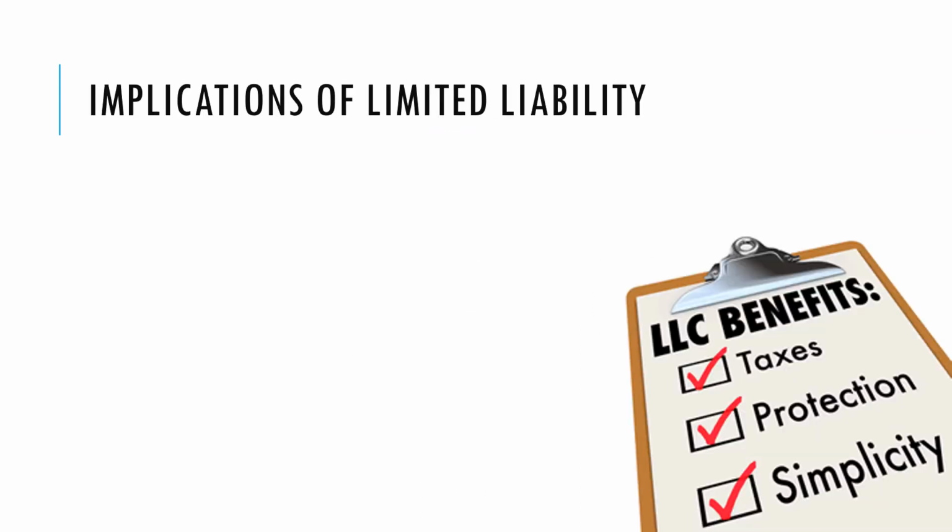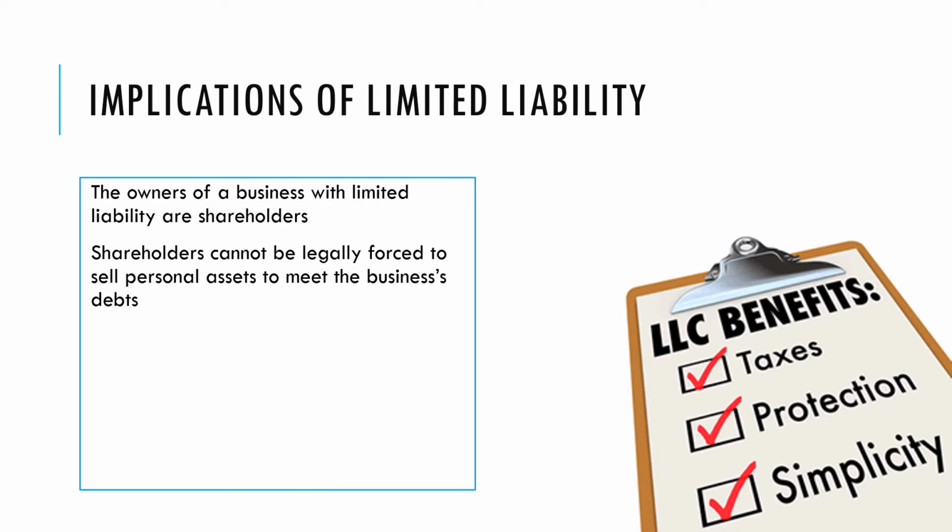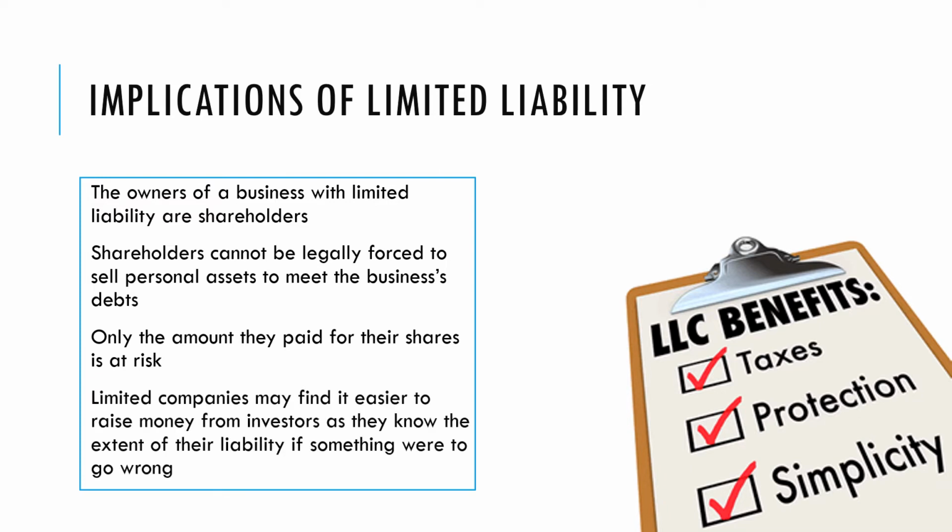What are the implications of limited liability? Well, the owners of a business with limited liability are the shareholders, and shareholders cannot be legally forced to sell personal assets to meet the business's debts. Only the amount they paid for their shares is at risk, and as a result limited companies may find it easier to raise money from investors, as the investors know that if something does go wrong, how much exactly they would lose.